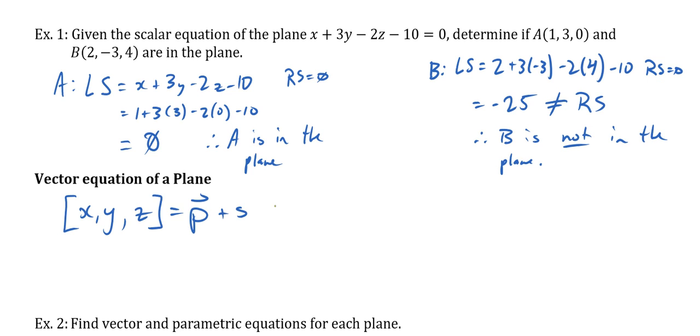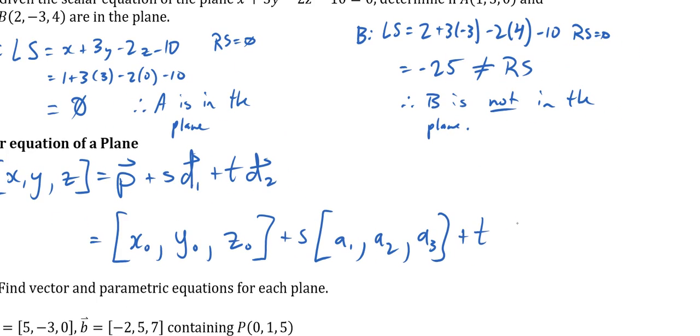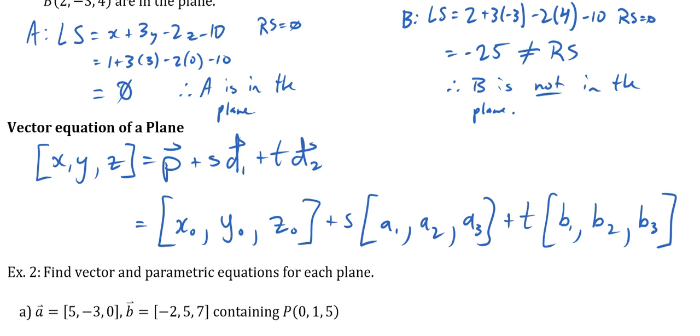So plus s times d1 plus t times d2. So they would look something like that.